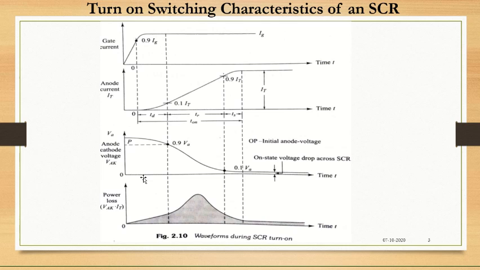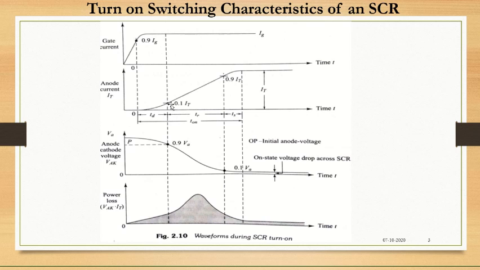That means there is some time taken for the turn-on process to happen, and for turn off to happen as well, which we'll be discussing later. That is what we are trying to understand in turn-on switching characteristics.